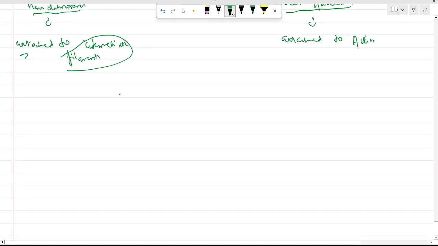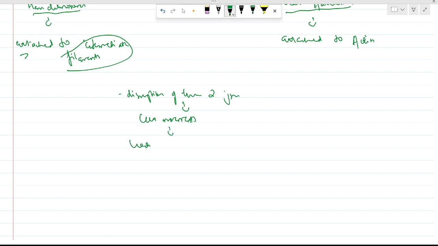So disruption of these two junctions leads to movement of these cells, leading to an important phenomenon, metastasis. This metastasis is an important clinical phenomenon in cancer and the carcinomas.